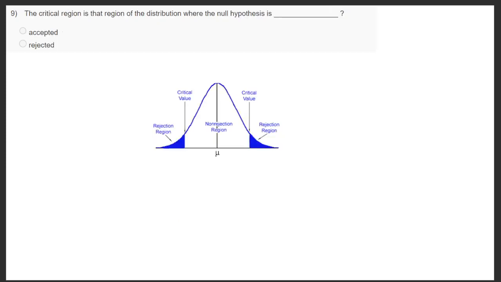So coming to the 9th question. The critical region is a region of the distribution where the null hypothesis is, okay, the critical region means a region which exceeds the confidence level. So when it exceeds the confidence level, generally the null hypothesis is rejected rather than being accepted.